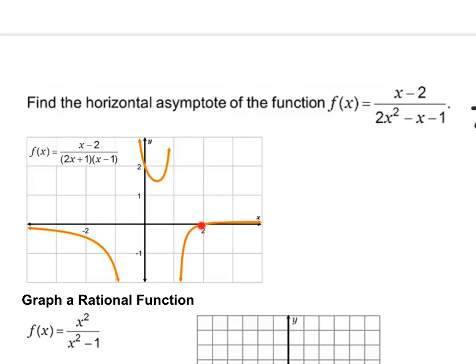It's going to cross here at 2, and that's okay. It's as x gets infinitely large and infinitely small, what y value are we getting really, really close to? That would be 0 here and 0 here.